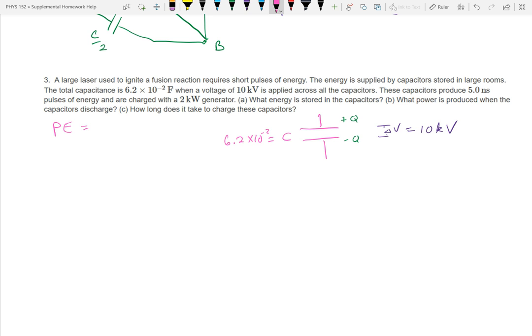There should only be one square in there. Is that the right equation? It's the one we're looking for, but you somehow have it written down wrong. So the equation is 1/2 CV squared, which, if you use the relationship between Q and V and C, you can write it 2 other ways as well.